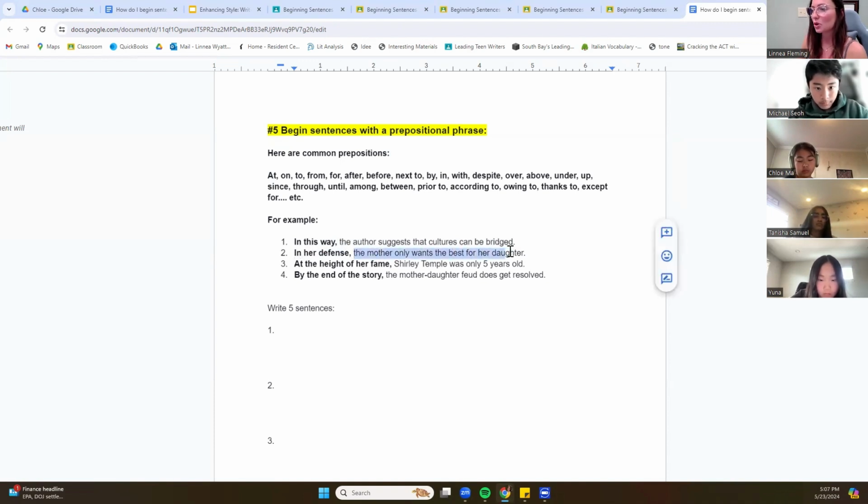Or just any old preposition. So instead of saying the mother only wants the best for her daughter, in her defense, or at the height of her fame, Shirley Temple was only 5 years old. Now, you very well could have said Shirley Temple was only 5 years old at the height of her fame. Totally would make sense. But if you put it at the beginning of the sentence, it just surprises your reader a little bit. It switches up the monotony of always starting with a subject.